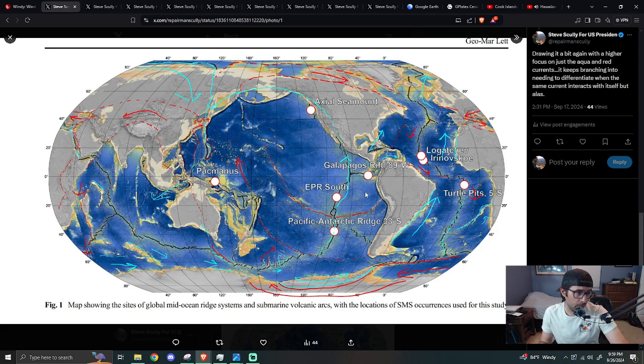But notice what's happening with this red current. It's going down, up, down, and it's just creating this wave pattern, as well as branching off this way and doing its own loop. So there's two loops.